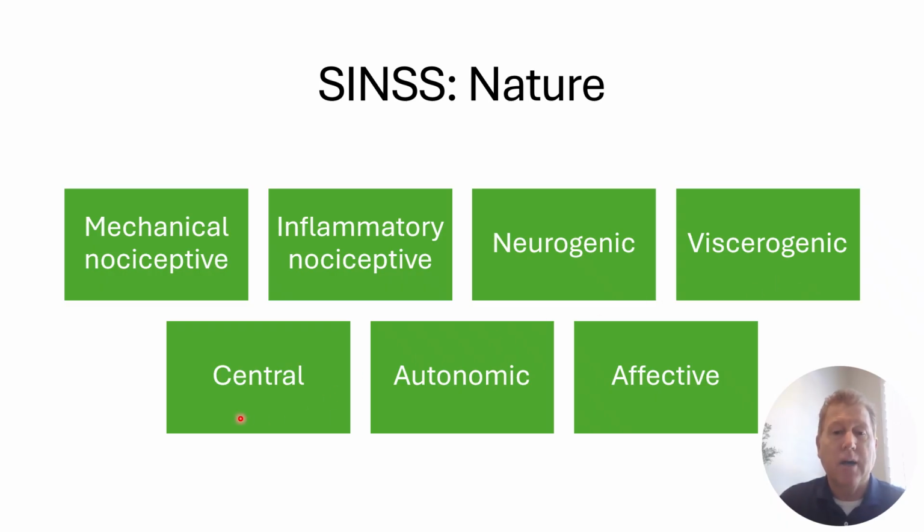We have some additional categories such as central and autonomic pain that can show up as musculoskeletal symptoms, as well as affective pain, where psychological symptoms are manifest as physical symptoms.